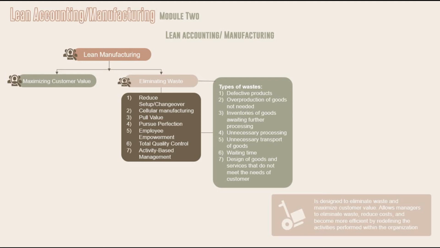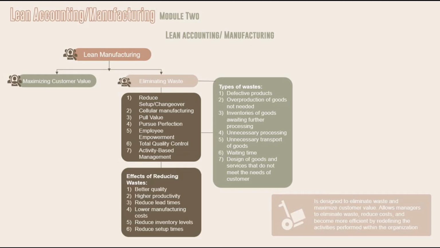Fifth, employee empowerment. Sixth, total quality control. And lastly, activity-based management. Once waste is reduced, companies most likely will be producing products of better quality, would have high productivity rates, reduced lead times, lower manufacturing costs, reduced inventory levels, and reduced setup times.